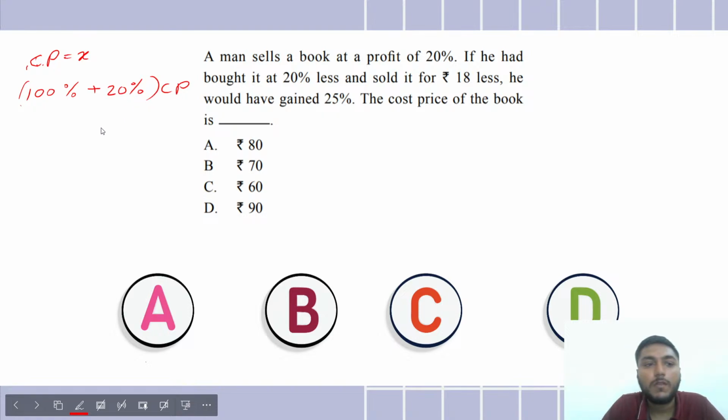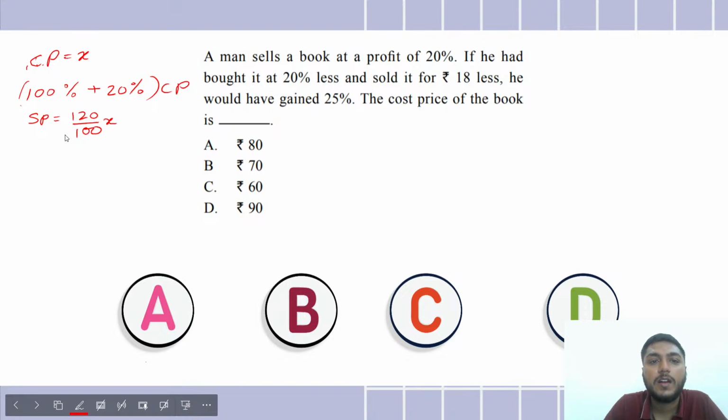Yes or no? So now the selling price would become what? 120% of CP, right, students? So the selling price would be 120% of the cost price. So what? The selling price would be 120 by 100x. Am I right?